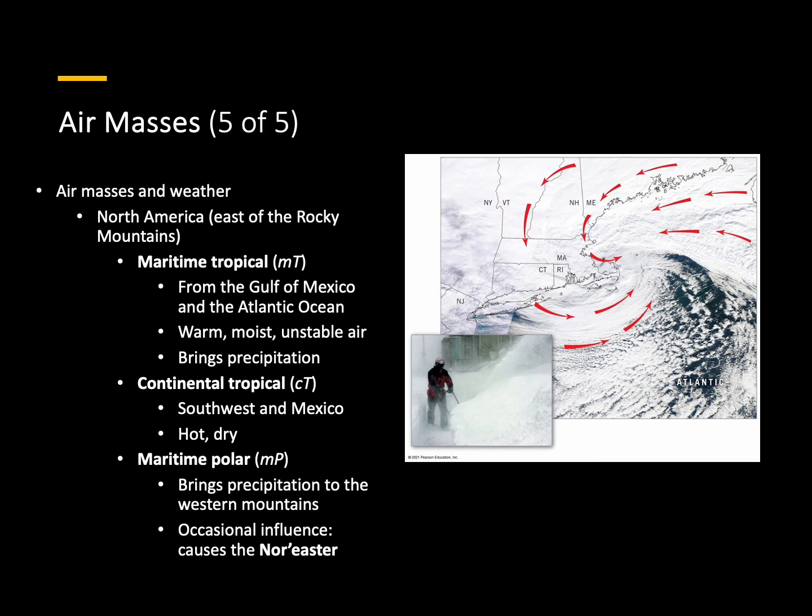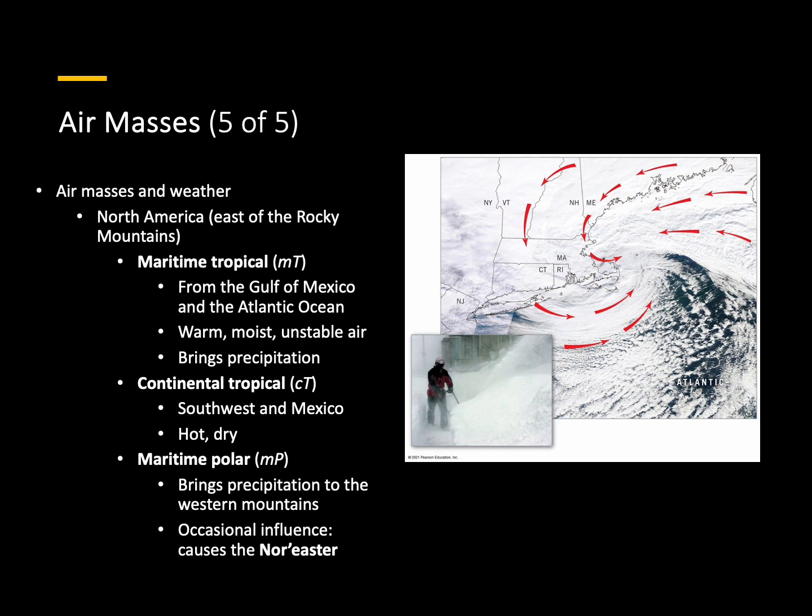The other 2 kind of important air masses we have here in North America are our continental tropical and our maritime polar. The continental tropical is where we will see it affecting the Southwest and parts of Mexico. With this, because it's continental tropical, it's going to be dry but hot air, which is part of the reason why we have a desert.